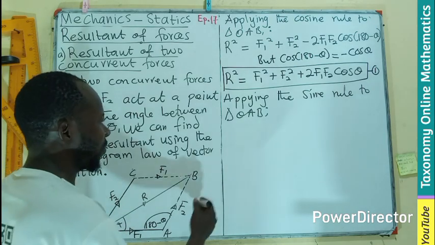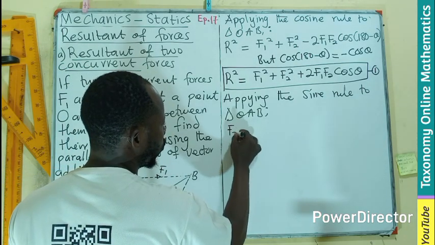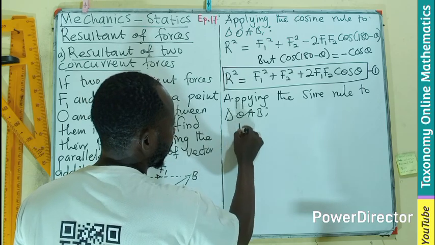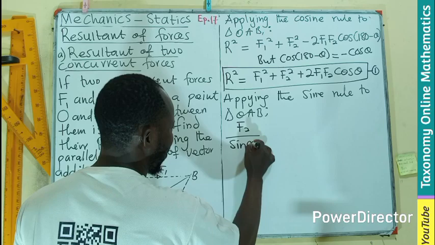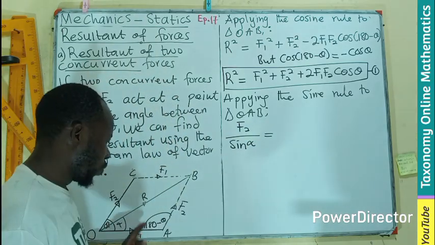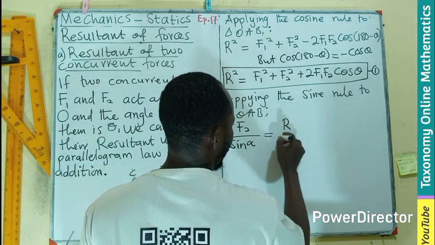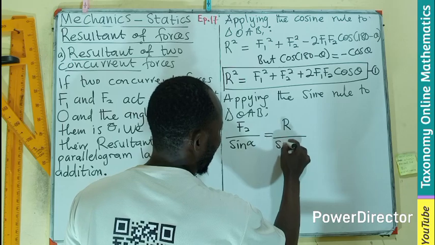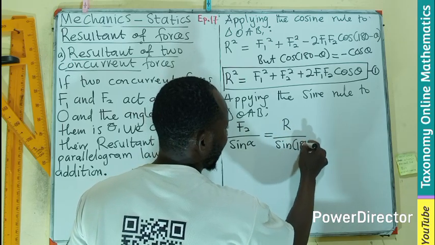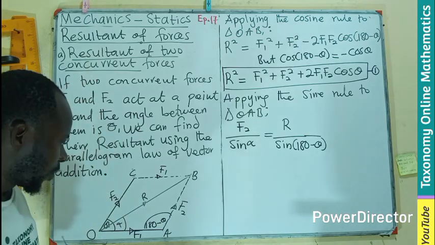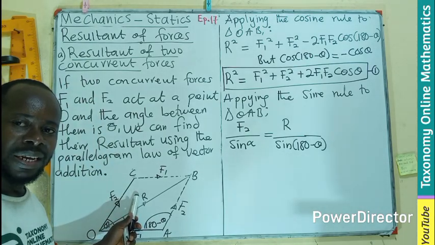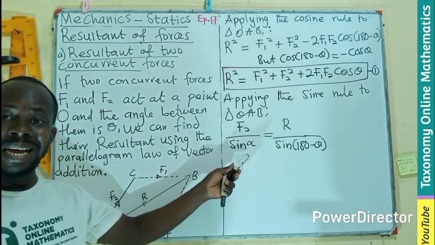So I am going to have the force 2 divided by the sine of the angle alpha equals the resultant force over the sine of 180 minus theta. This angle is facing here. So this over this as the sine rule.